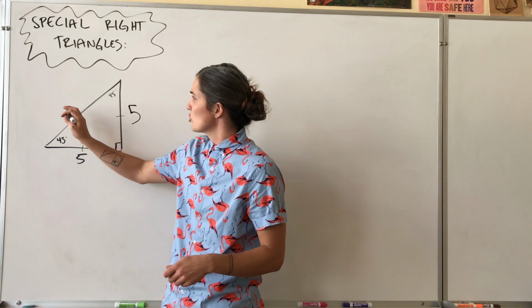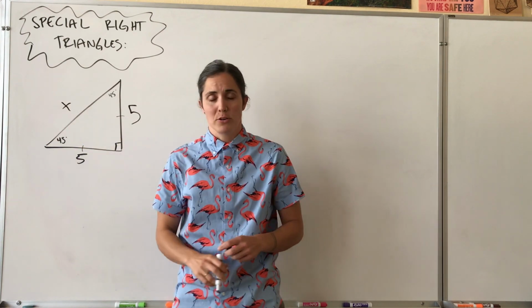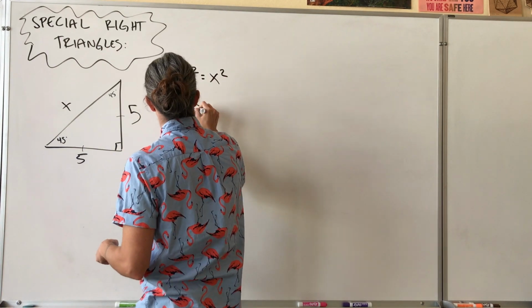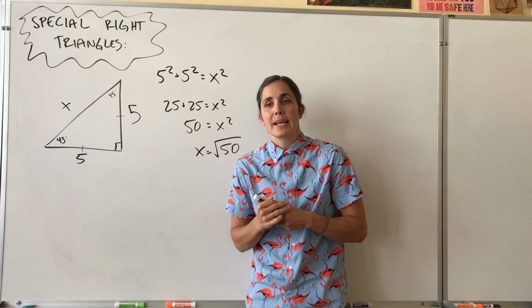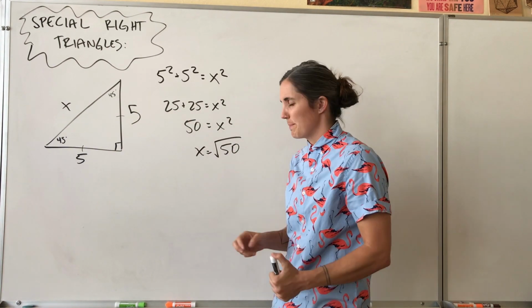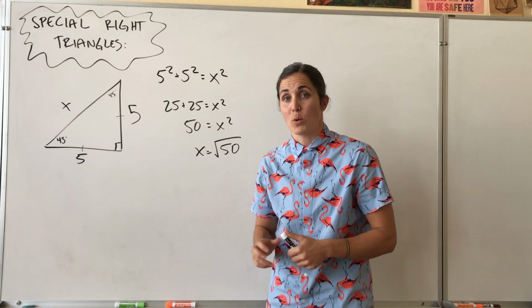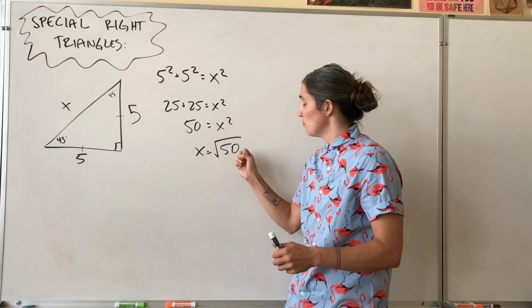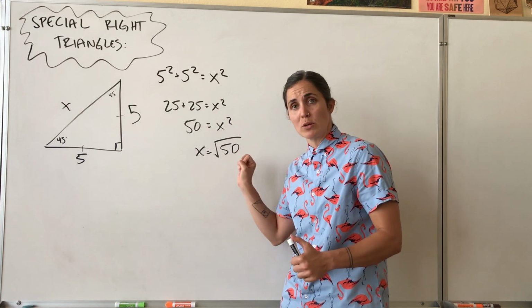But if we were trying to solve for the hypotenuse, I want you to notice what happens. We get something like x equals the square root of 50. I don't know how much time you've spent before simplifying radicals, but here essentially we want to pull out any square roots that we can.